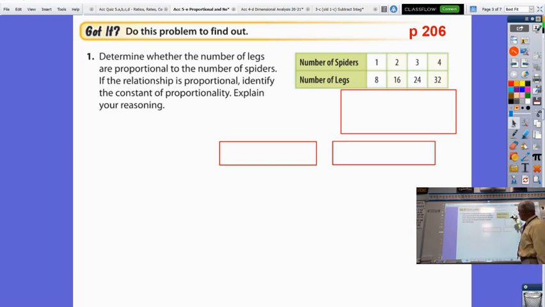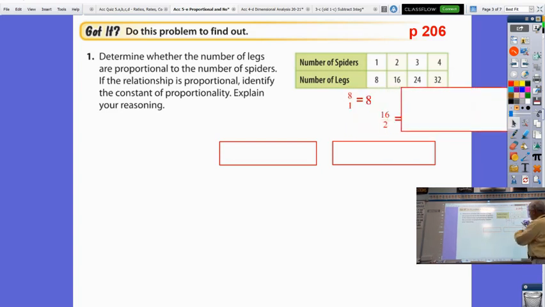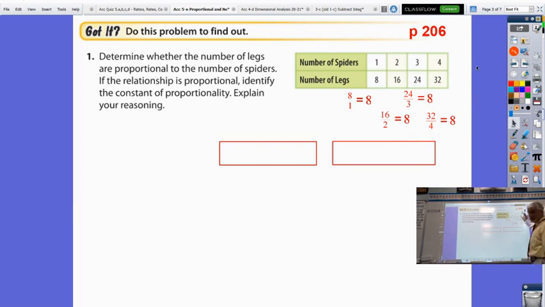The rate that I'm looking for is legs per spider, so 8 divided by 1, which is 8, 16 divided by 2, also 8, 24 divided by 3, 8, and 32 divided by 4 is 8. You have to check the entire table. Sometimes at the end here, you might have one that doesn't work out to be equal to the other ones, okay? But all of these come out to 8, which means that this relationship is proportional.